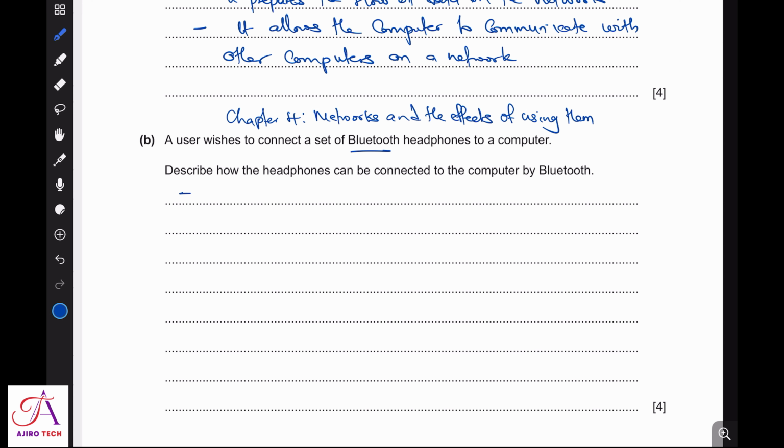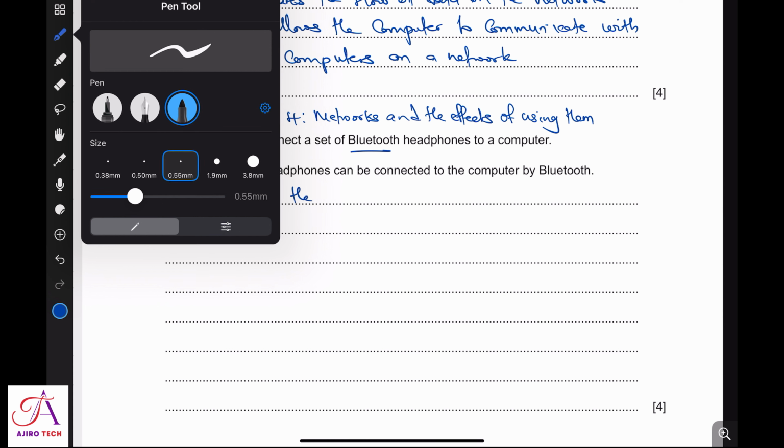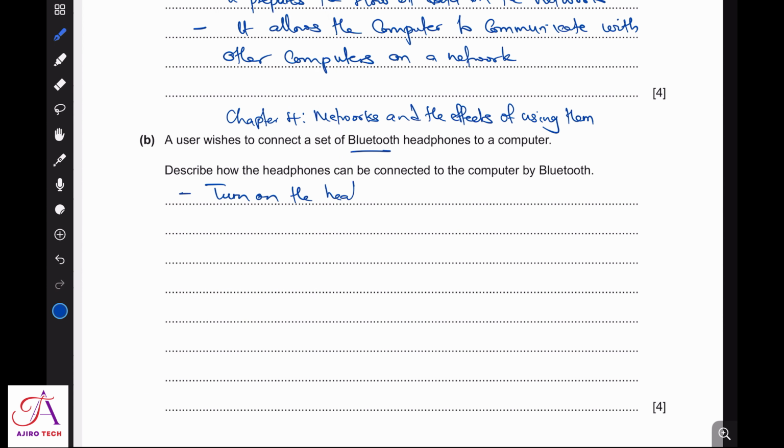So the first one is to turn on your Bluetooth. Turn on the headphone Bluetooth. So this is practical, really. Turn on the headphones Bluetooth and the computer Bluetooth.